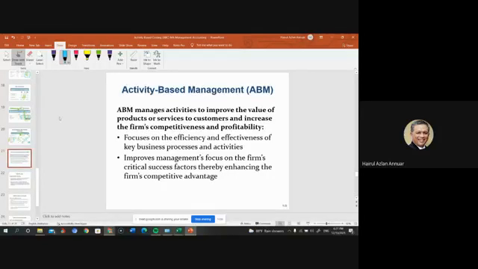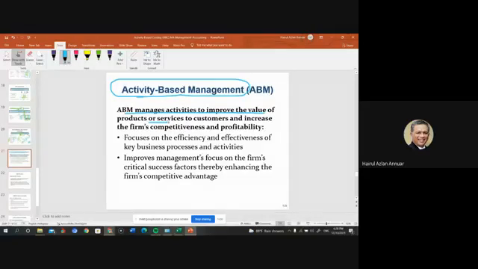What is activity-based management? This activity-based costing needs someone to manage it, so we call it activity-based management. Activity-based management manages activities to improve the value of products or services. So these activities must be managed.